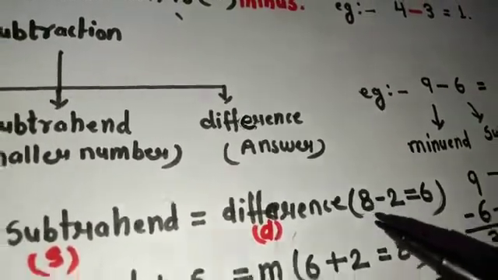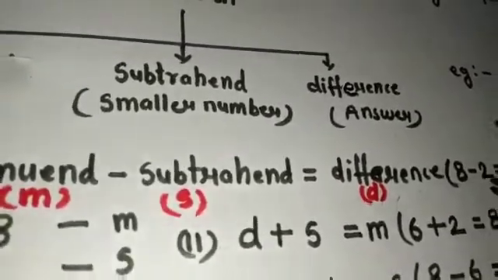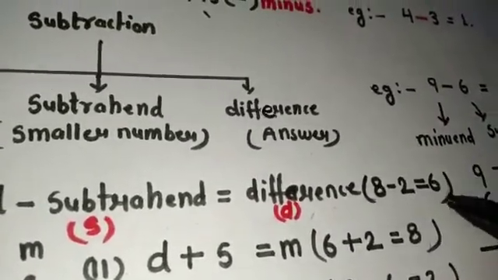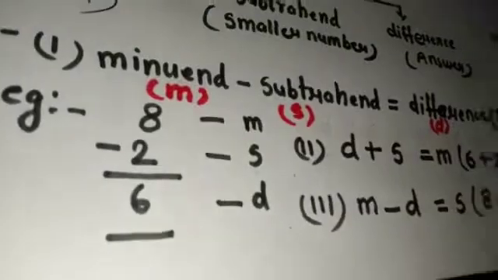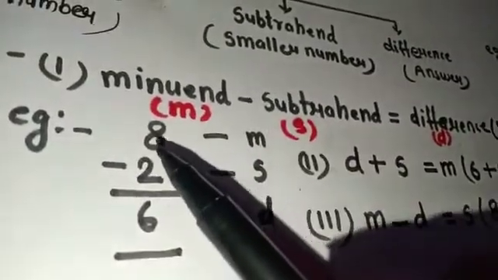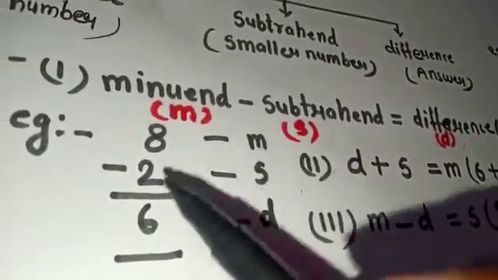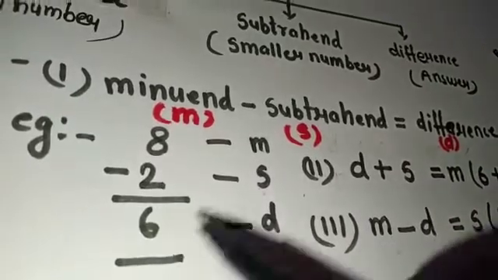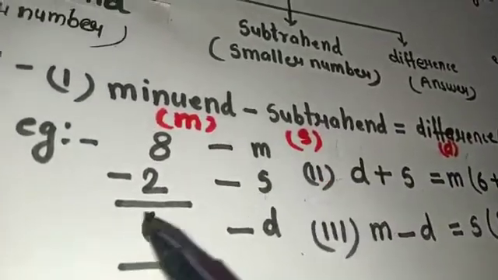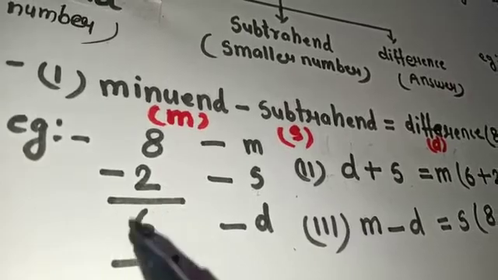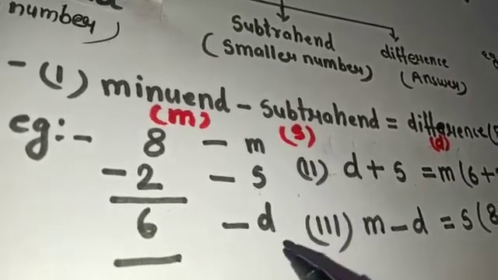Here 8 is minuend, 2 is subtrahend and 6 is difference.